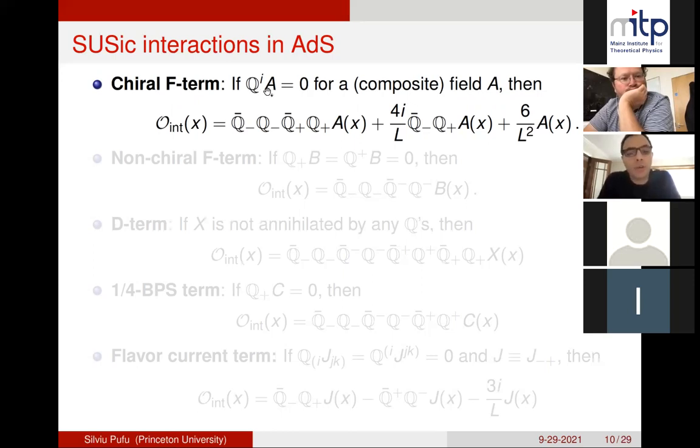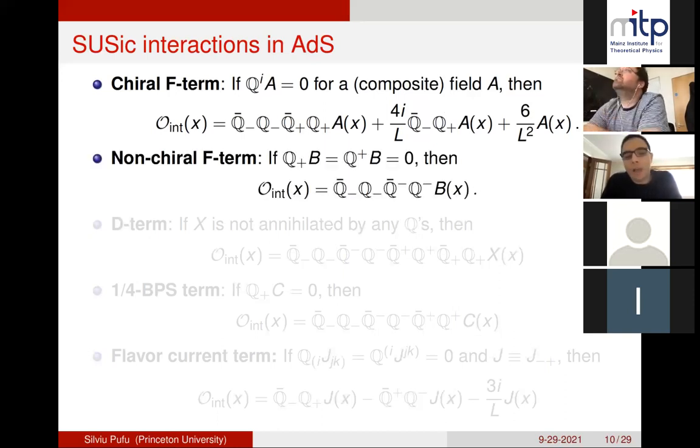Then what we can do is act on it with all the left-handed supercharges, 2 of negative R charge and 2 of positive R charge. This by itself won't be supersymmetric. One has to add 1 over L corrections, but one can make this quantity here, and that's supersymmetric, and that's the AdS analog of a chiral F term.